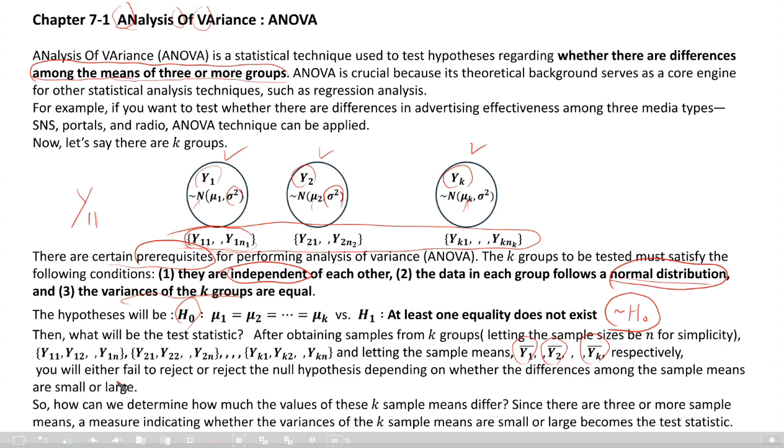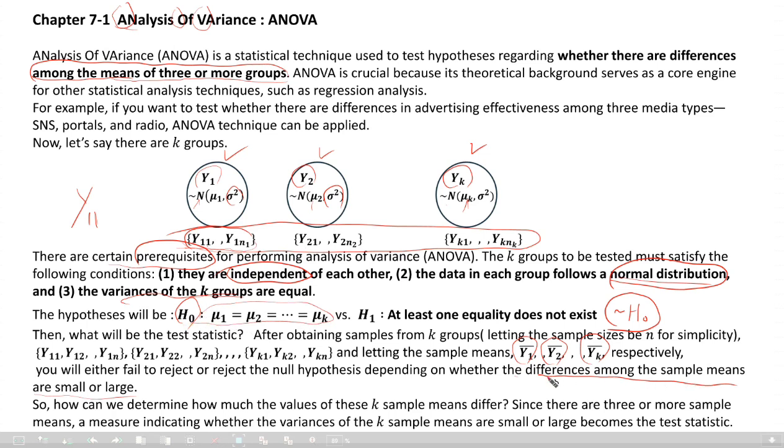You will either fail to reject or reject the null hypothesis depending upon whether the differences among the sample means are small or large. If the differences among the sample means are small, then you may not reject the null hypothesis: all the population means are equal.